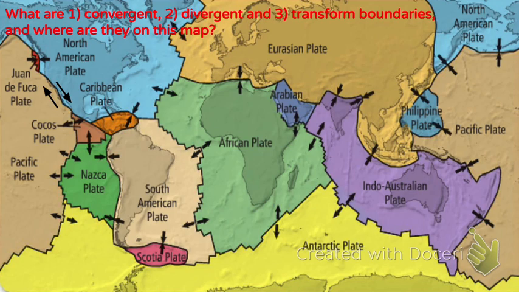For instance, you've got a transform here, you have a divergent boundary here. Of course, out here in the Atlantic Ocean, you've got the divergent boundary at the ocean ridge there. And then you have convergent boundaries, like here, like the one here, creating the Himalayas mountains. Okay.